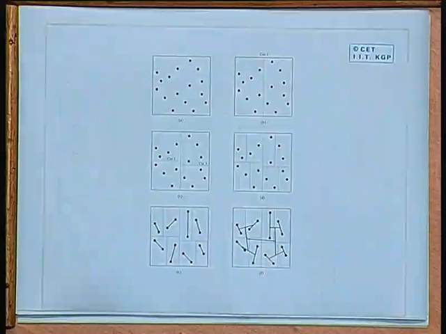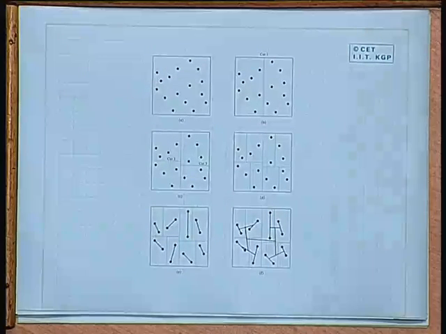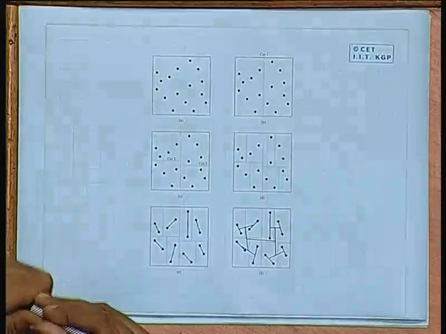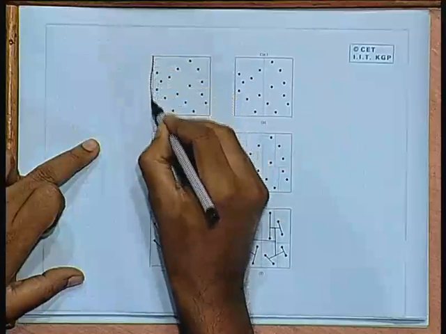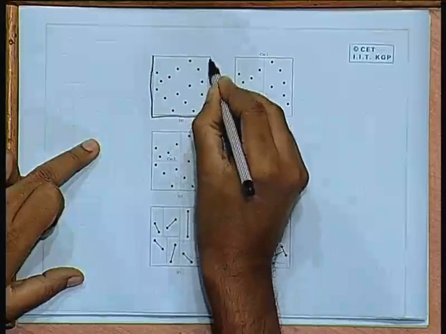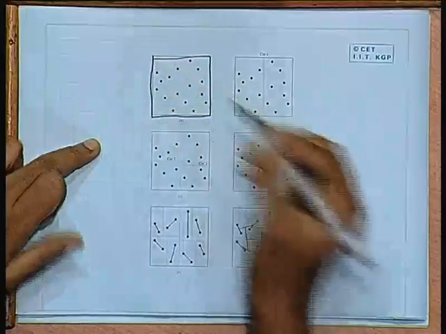So, I have an example to show you. Suppose you have an example like this. This is the original problem where you have the clock points distributed.